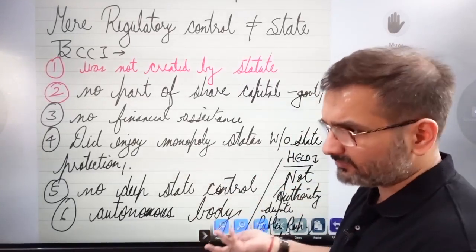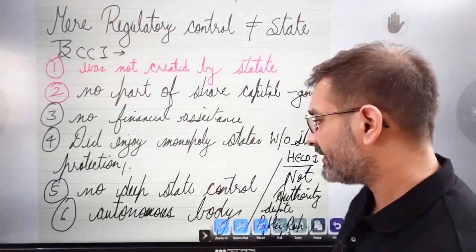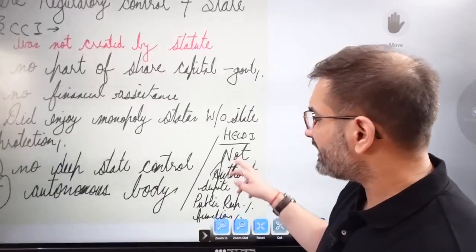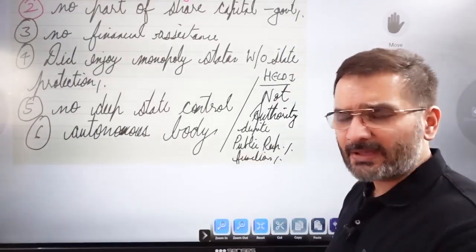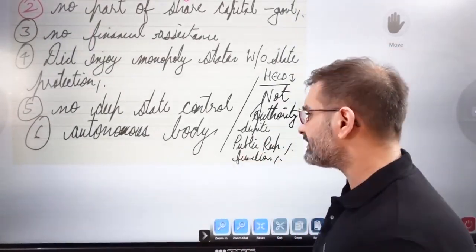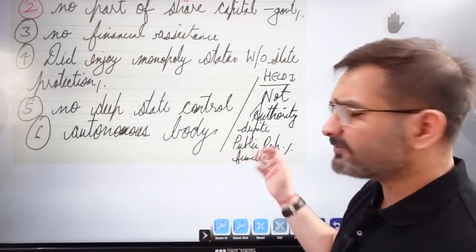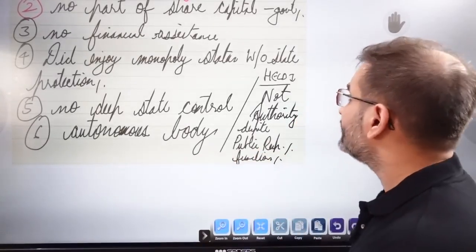मतलब BCCI के अलावा कौन चला सकता है क्रिकेट देश में. No deep state control in it, as in state के कोई members नहीं बैठ रहे, state का कोई president से लेना देना नहीं है. It is an autonomous body, a self-governing body.